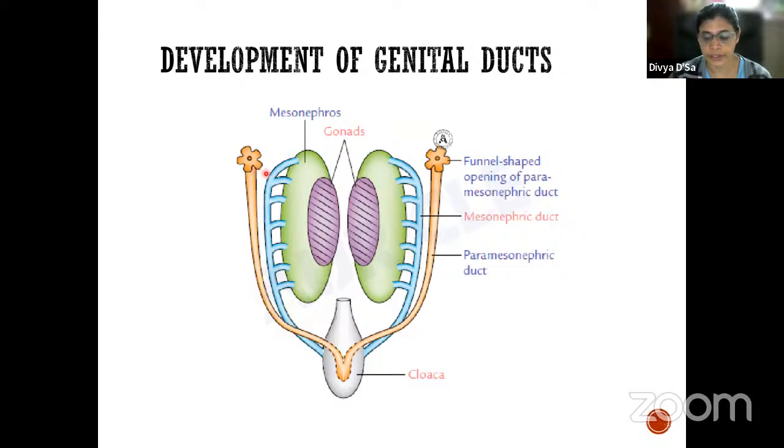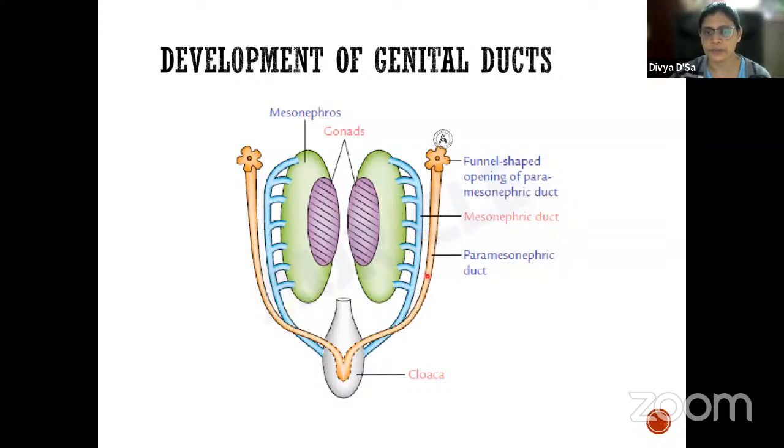The paramesonephric duct, what happens here now? The funnel shaped opening is there, and from the coelomic epithelium we have this duct developing, the paramesonephric, which develops next to the mesonephric.